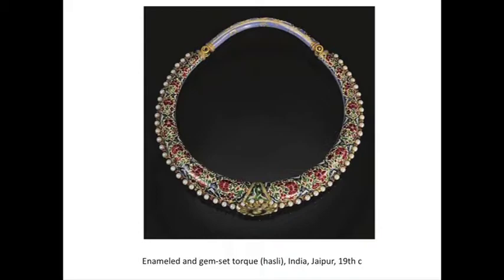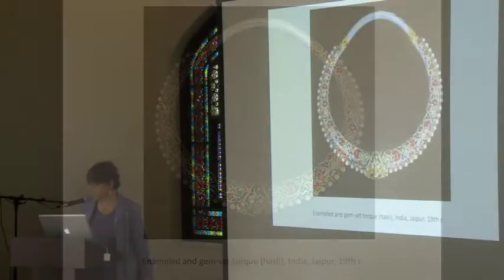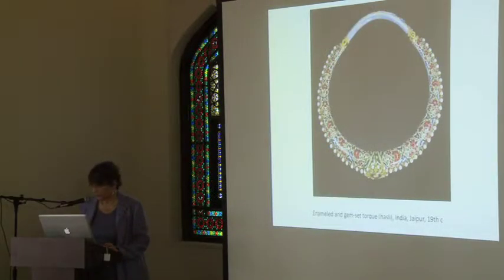So Mughal craftsmen inspired goldsmiths outside the confines of the court to produce jewelry that combined Mughal ornamentation and sort of a refinement of elements with traditional shapes. And this is an example of that.